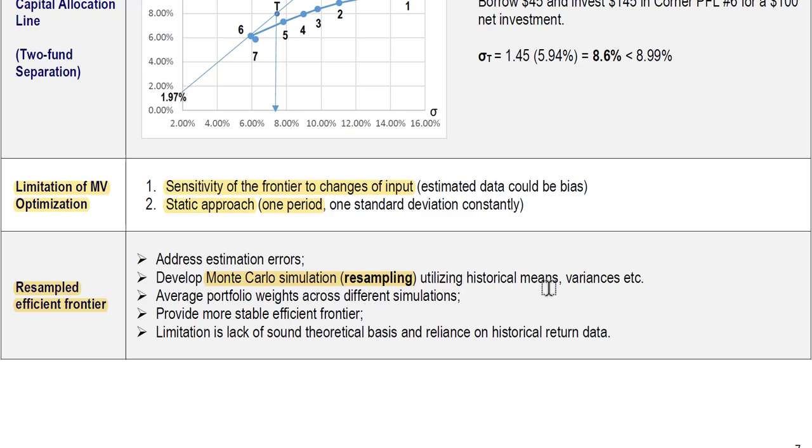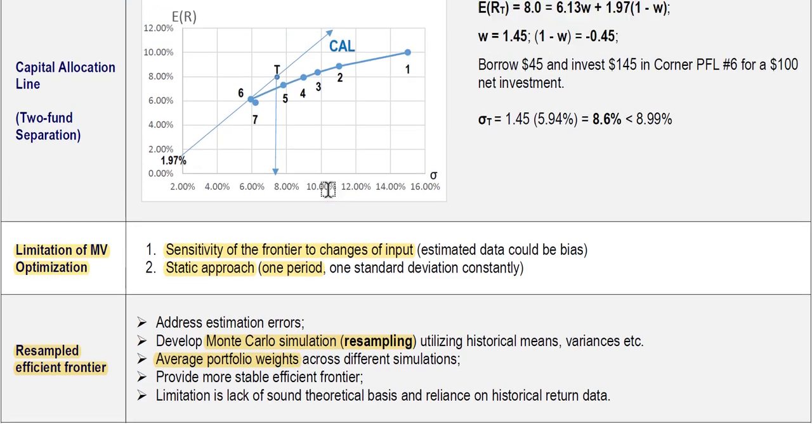Again, we're still using the historical mean and variance, and we use those parameters to generate random samples, say 10,000 times. For each sample we calculate the allocation weight. Then we repeat the same process 10,000 times and get the average portfolio weight. Therefore, you will have the efficient frontier.